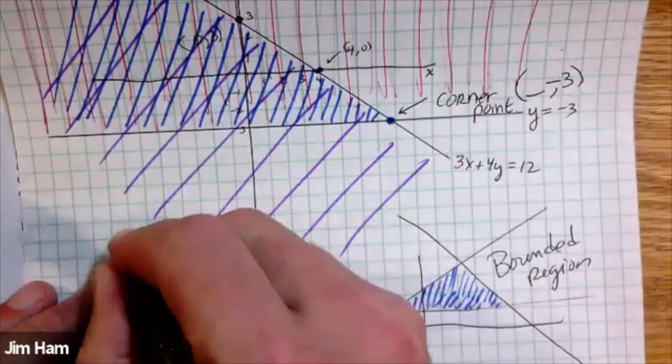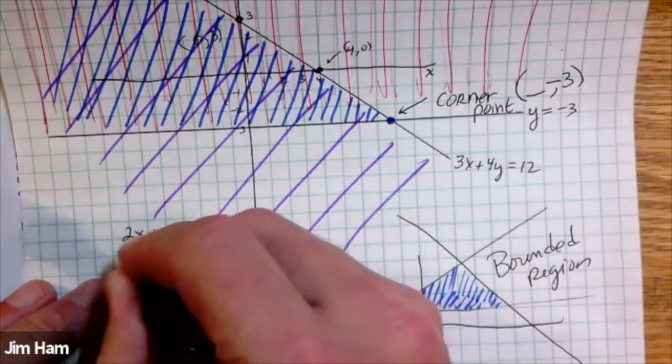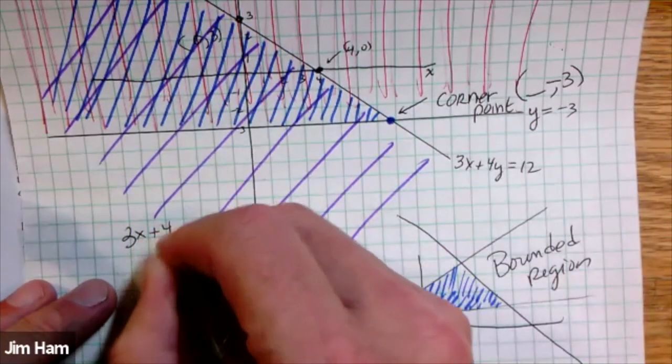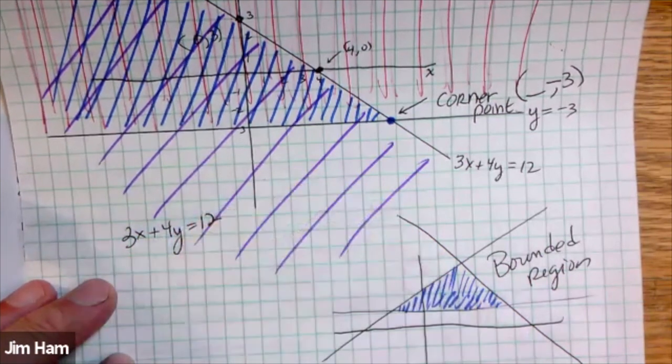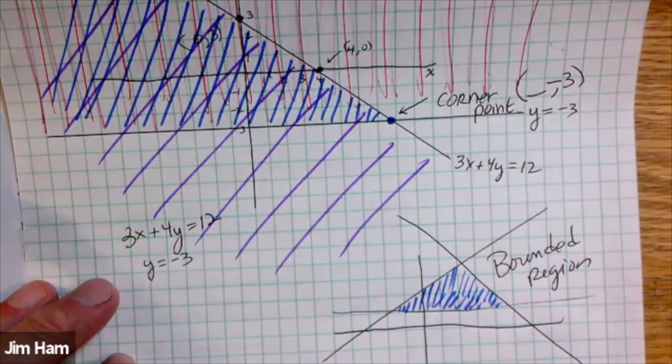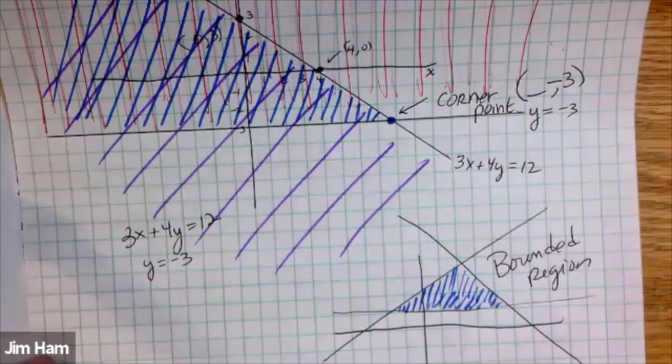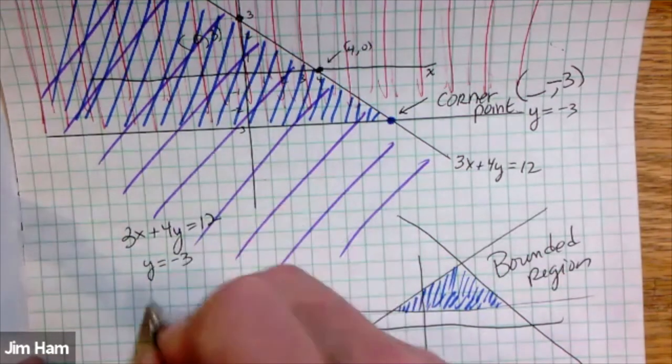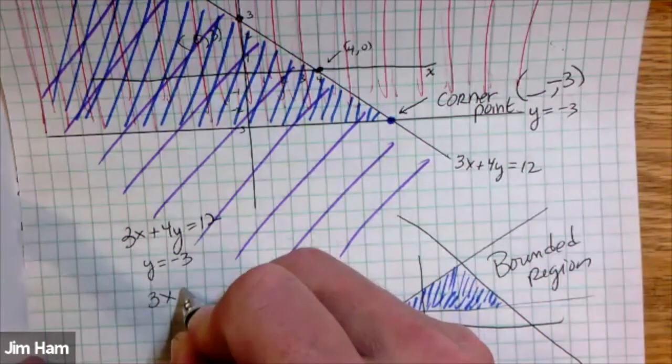So if you take 3x plus 4y equals 12, just work with the boundary line as opposed to the inequality. And if you know that the point you're looking for has a y coordinate of -3, you could just plug in -3 for y and solve for x.